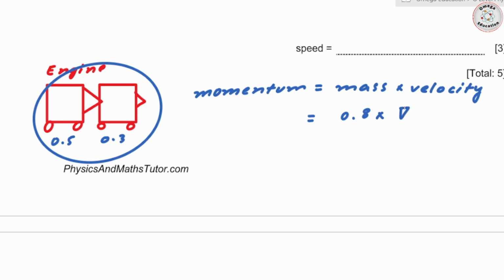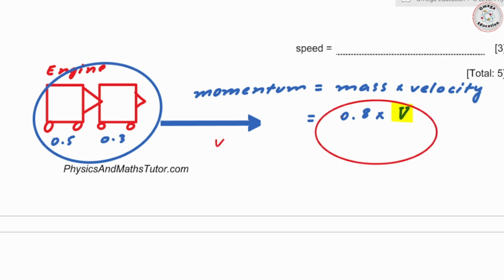Matter of fact, velocity is the thing that we need to find. And what velocity is that? It is the combined velocity by which this object would be moving forward. All right, so this is the velocity that you need to calculate. And this is the final momentum. This is the expression for the final momentum.